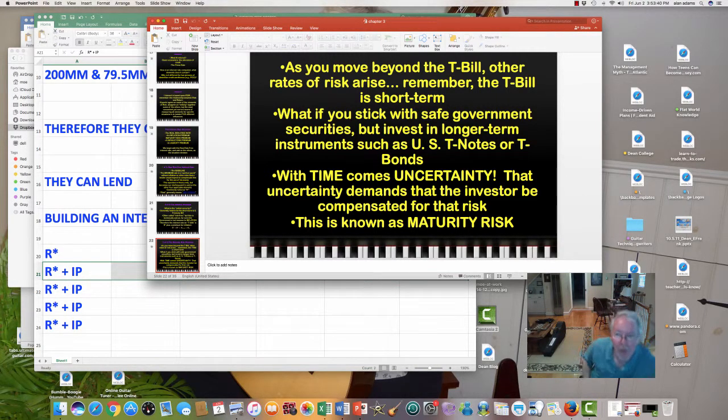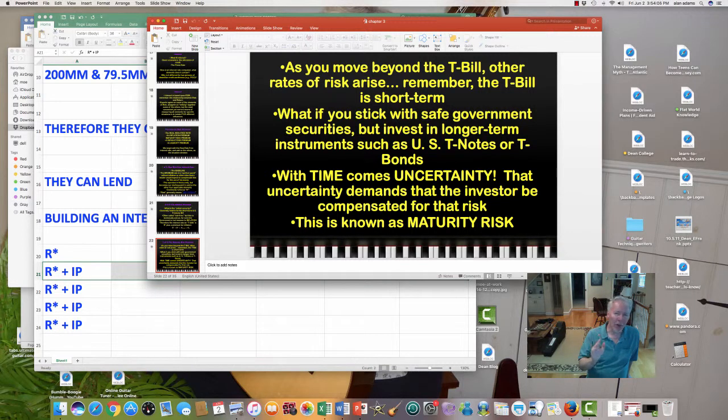There we are. Okay, now there are other elements of risk that we have to build up on top of that, like making a sandwich, okay? So, now, what if you want to stick with government securities, but you want to go out in the long term? All right, the longer you go out in time, like a T-note or a T-bond, those are still U.S. instruments, but they cover a broader span of time.